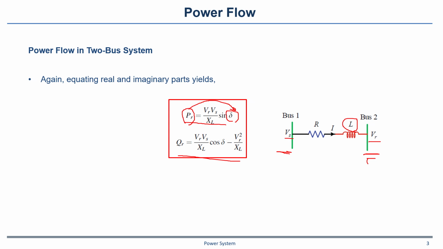This is the reason that the active power is connected to the frequency change, and the reactive power is equal to the receiving end voltage times the sending end voltage divided by the reactance, cosine delta, minus V squared divided by X. So this one is more connected to the voltage, and this is the reason that we say the reactive power is connected to the voltage.